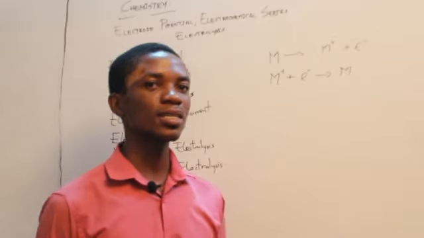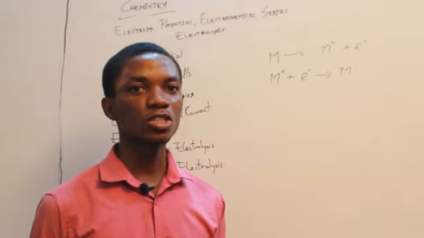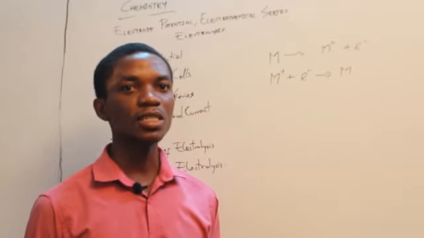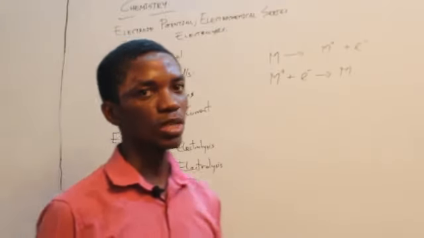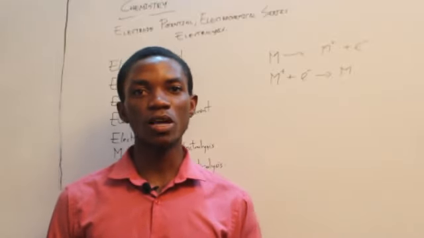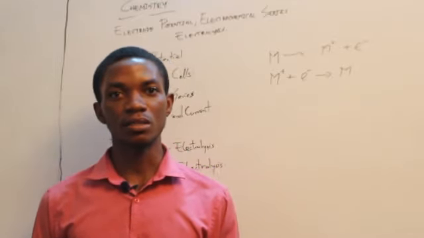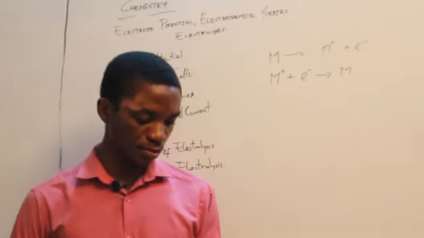Now, this particular system also leads to the creation of a potential difference, and this potential difference is what we regard as electrode potential. On your screen just about now, you have the definition for electrode potential clearly written.